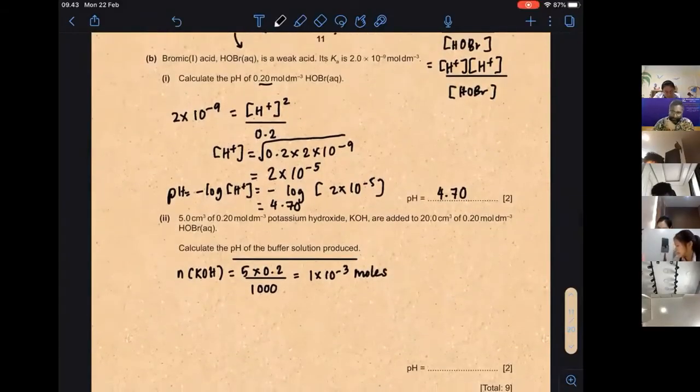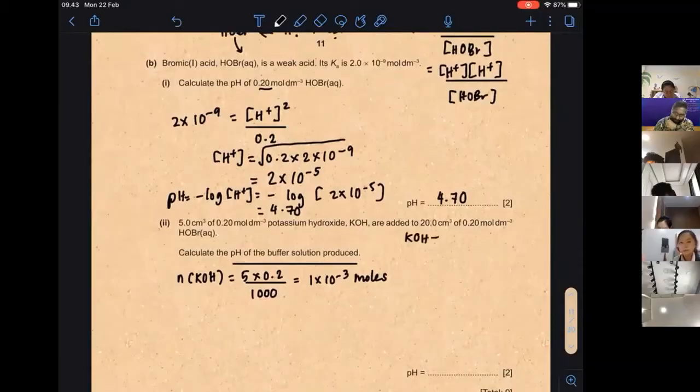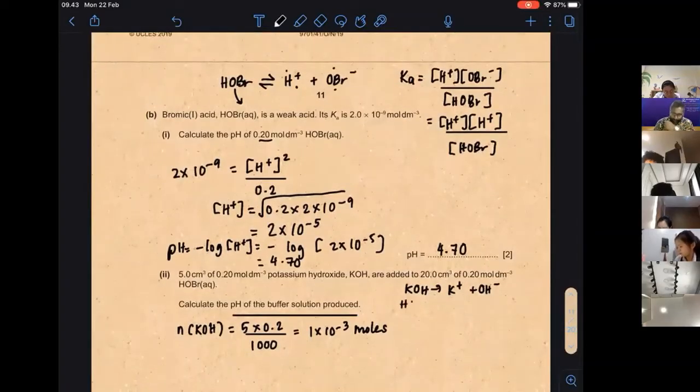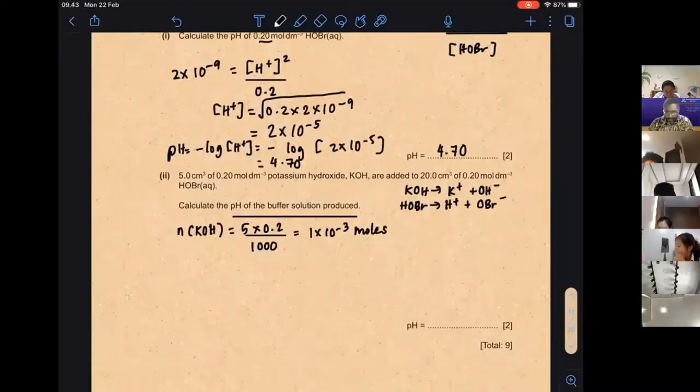Potassium hydroxide gives K plus and OH minus. HOBr gives me H plus and OBr minus. So what happens here is my OH minus will react with my H plus.